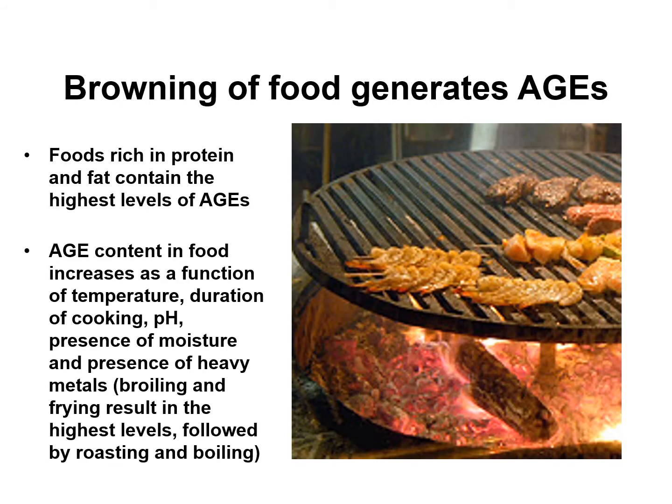Actually, heating of foods generates AGEs, and the AGE content increases as a function of the type of food, duration and level of heat, moisture, pH, etc. This is very well understood by food scientists. They have learned how to manipulate cooking techniques to get the exact color, aroma, and taste of food they desire.